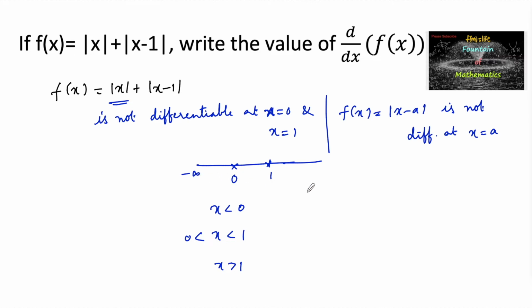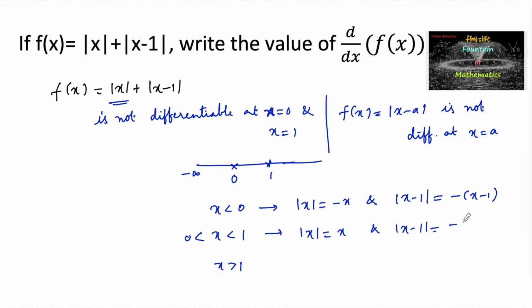When x is less than 0, mod of x is equal to negative x, and mod of x minus 1 will be taken as minus of x minus 1. And in the case of 0 to 1, mod x is equal to plus x because it is above 0, and mod of x minus 1 will be considered negative of x minus 1.